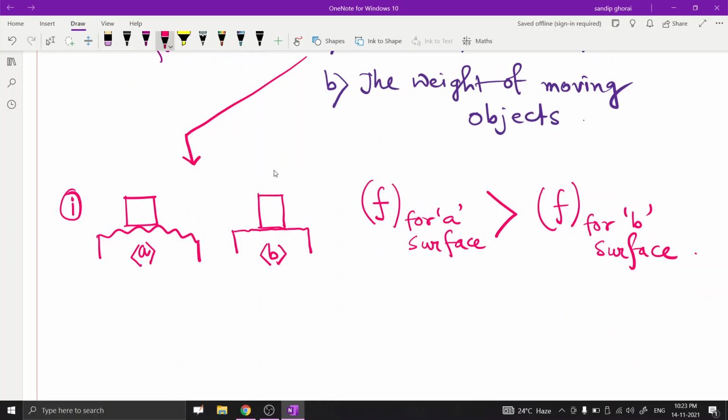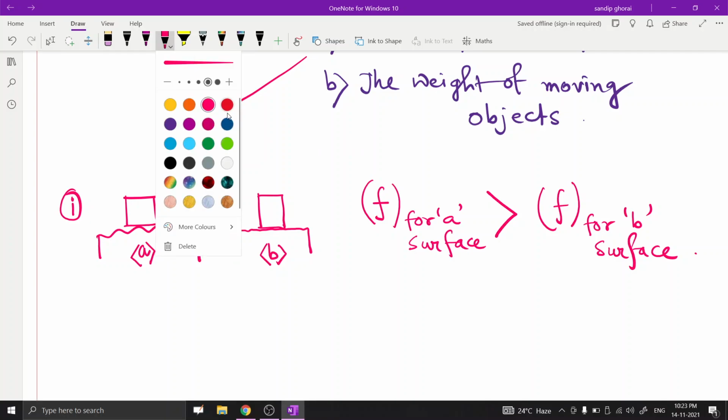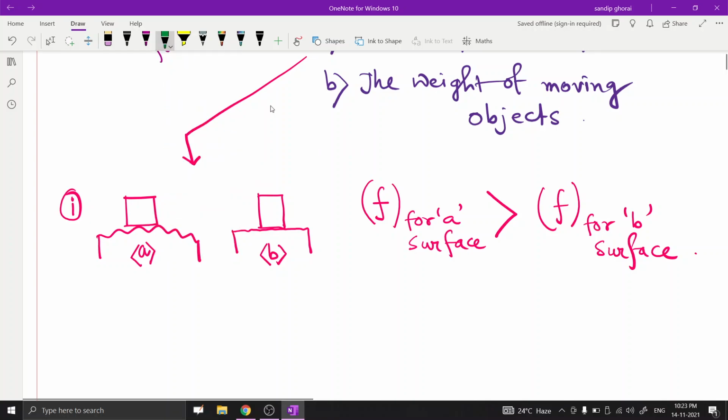To understand this point, we take another example. For point 2, we take the same surface but two different bodies.